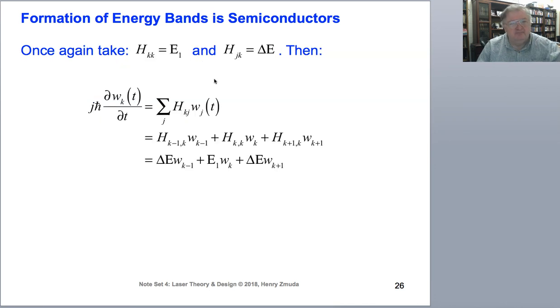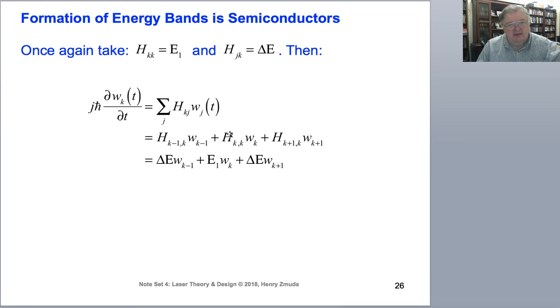Again, how would I do it? Same kind of approach. I would take HKK, let's say, to be energy E1, and then HJK to be delta E. So I take my system of equations from before, and I take out a representative atom, the kth atom.